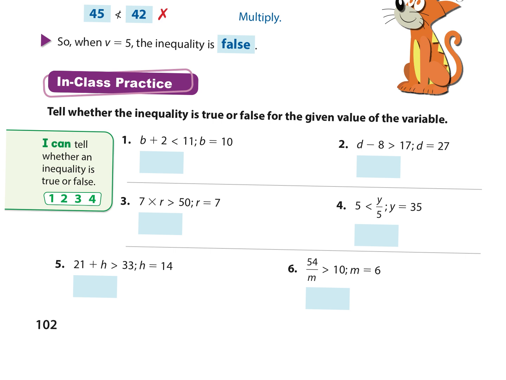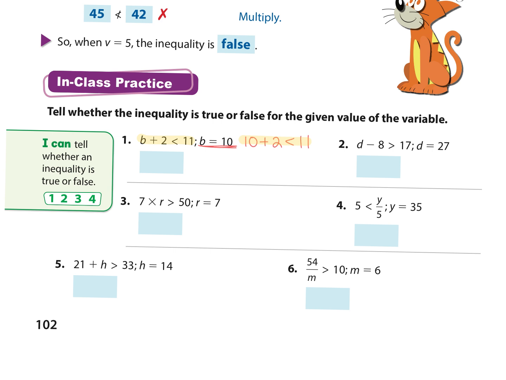So I'm going to solve this the same way. We can just replace the variable with the value. If b is 10, 10 plus 2 is less than 11. I'm going to start by writing the inequality that I have, and I'm basically just replacing the b with what b equals.